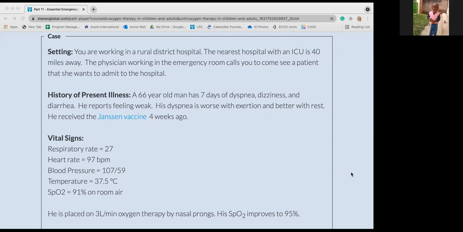Here we have the history of presenting illness. We have a 66-year-old man with 7 days of dyspnea, dizziness, and diarrhea. He reports feeling weak. His dyspnea is worse with exertion and better with rest. He received the Johnson vaccine 4 weeks ago.